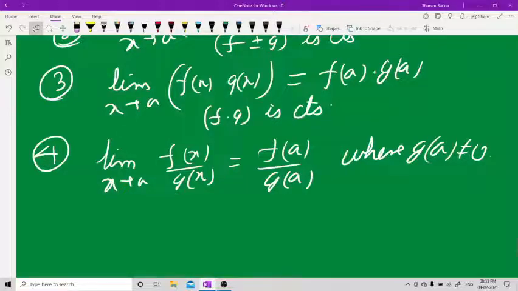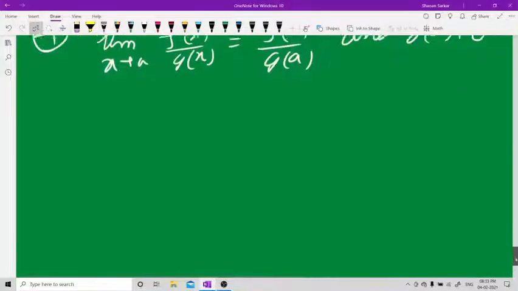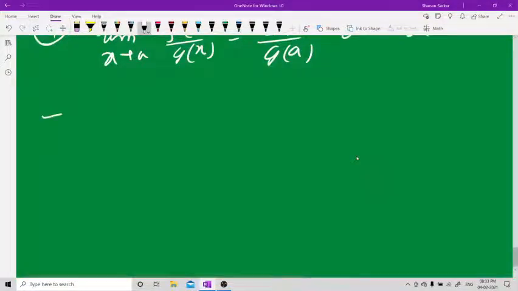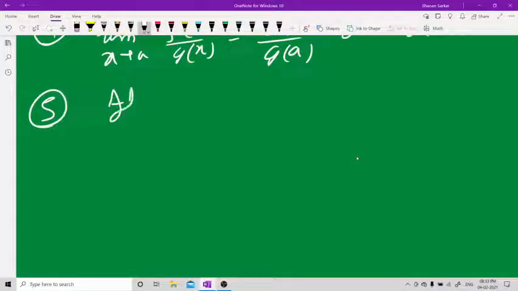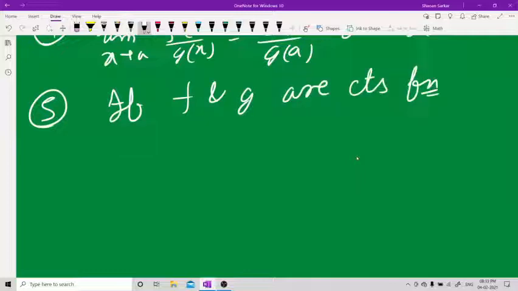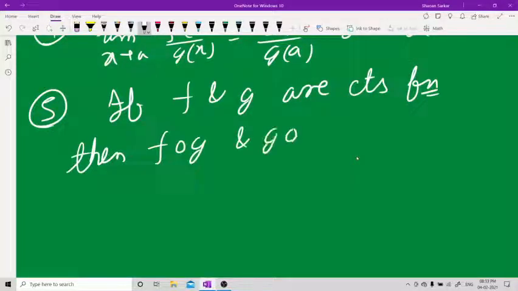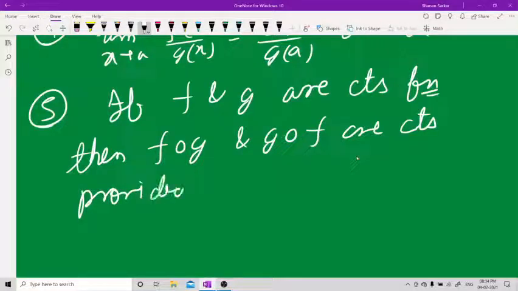Now the fifth point: if f and g are continuous functions, then fog and gof are continuous, provided fog exists.